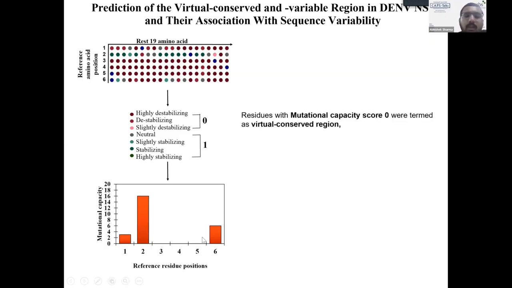Residues with a mutational capacity score of 0, for example, in this example 3, 4, and 5, were termed the virtually conserved region, and residues with mutational capacity more than 0 were termed the virtually variable region. So according to our pipeline, or this computational prediction, the probability of mutation should be higher in residues with mutational capacity more than 0, the virtually variable regions.